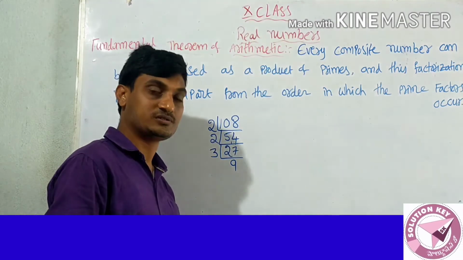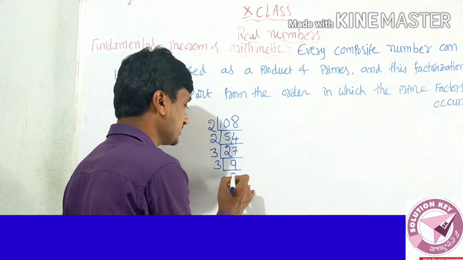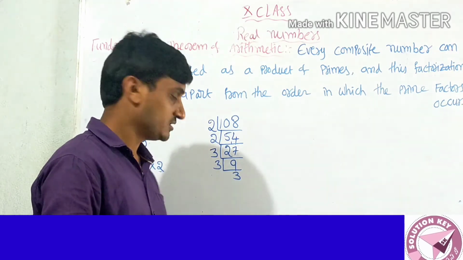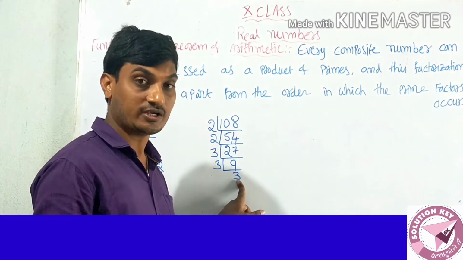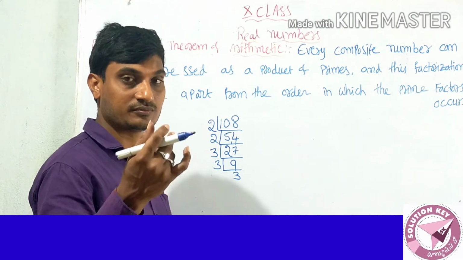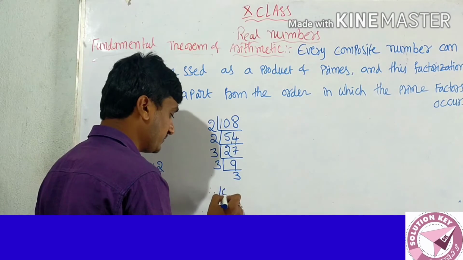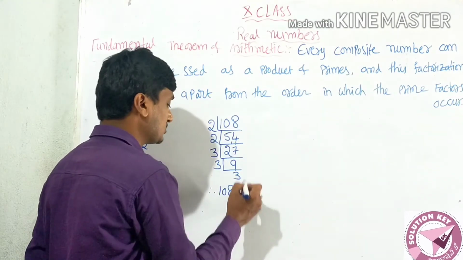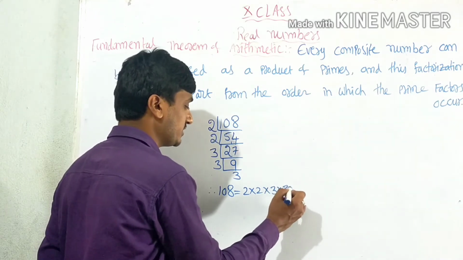Then you go to the 3 table. 3 3s are 9. Then see here, finally you get a prime number. Continue until you get a prime number. Finally you have a prime number. Then stop here. 108 can be written as 2 into 2 into 3 into 3 into 3.